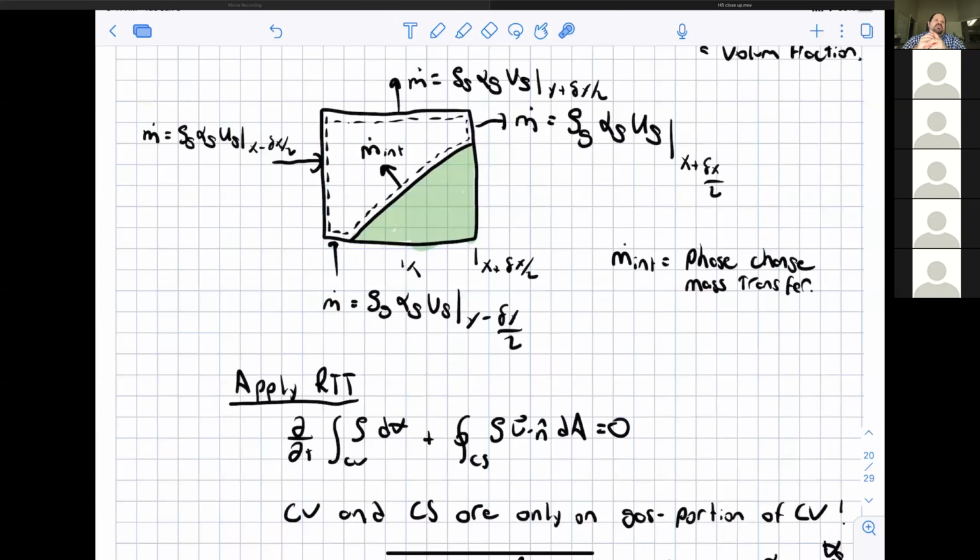What you're getting at is that I could do the exact same derivation, but instead I could have a bunch of little droplets, right? And my gas phase control volume looks like Swiss cheese, because I have all these little solid particles that are taking up volume.